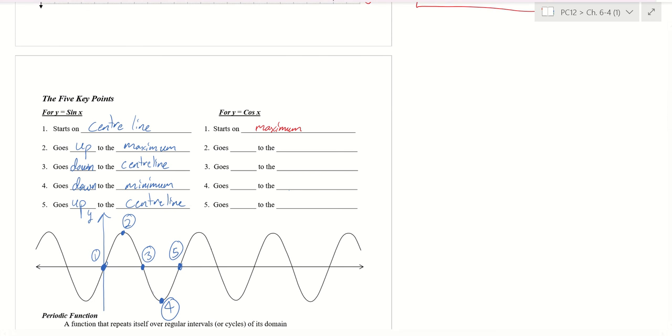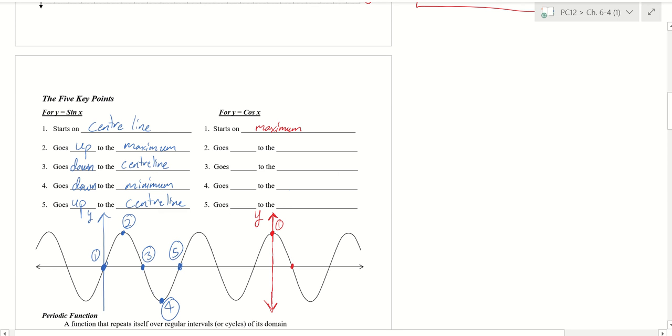What about cosine? Again, like we mentioned, cosine starts at a maximum value, so we could overlay a vertical y-axis here. This would be where it starts. This would be what you would call the first key point. And then it immediately decreases, right? Of course it should. It should decrease away from the maximum.